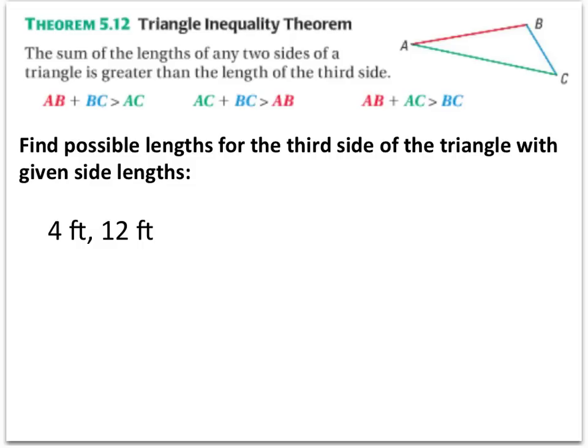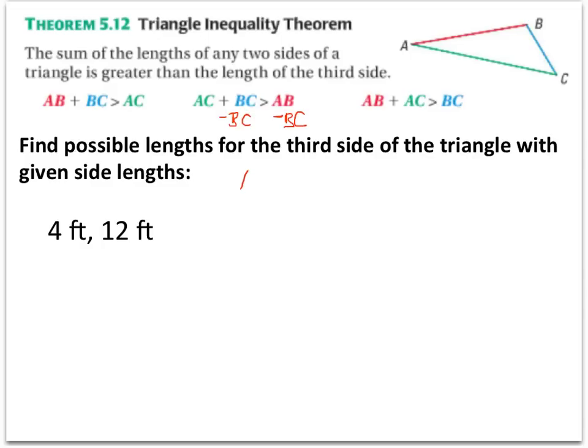Using the triangle inequality theorem, we can actually find plausible lengths, or okay lengths, for a third side of a triangle. Let's focus on this formula written out in between. AC plus BC is greater than AB. What I want to do is solve for AC. So I can subtract BC from both sides.